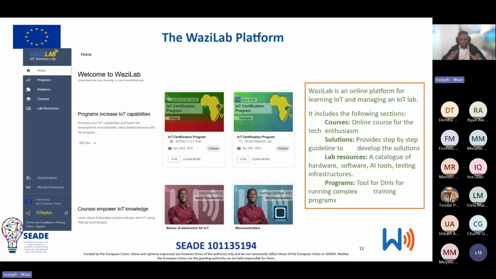Our analysis or the motivation of building such a platform was that in the local context, especially in the previous years, the content for IoT and also AI, even if you go to several sources online, was not very structured.